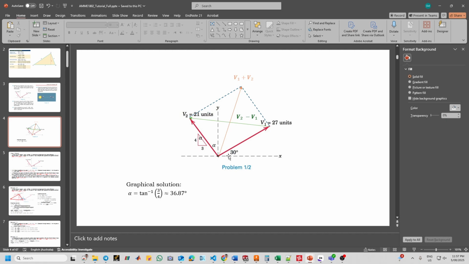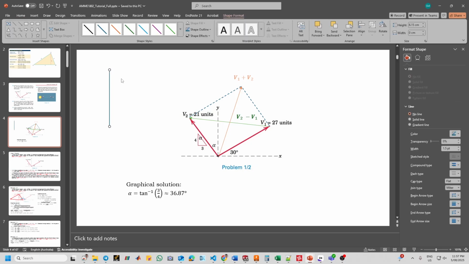So this angle is 30 degrees. This is called alpha. Alpha can be obtained by tangent inverse of 3/4, which is 36.87. Make sure that you use your calculator and find it now. And this angle is equal to this angle. Why?